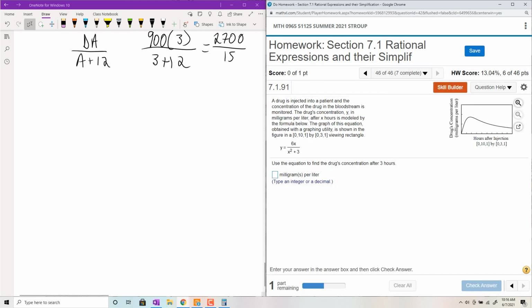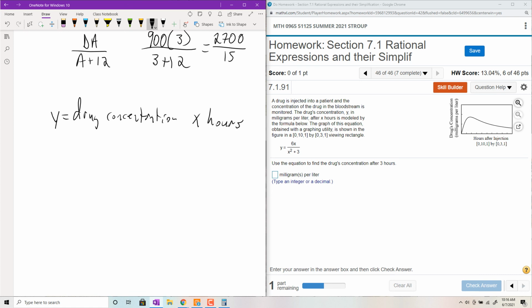Another application. Drugs are injected into a patient, and the drug's concentration Y in milligrams per liter after X hours. So Y equals the drug concentration after X hours following injection.